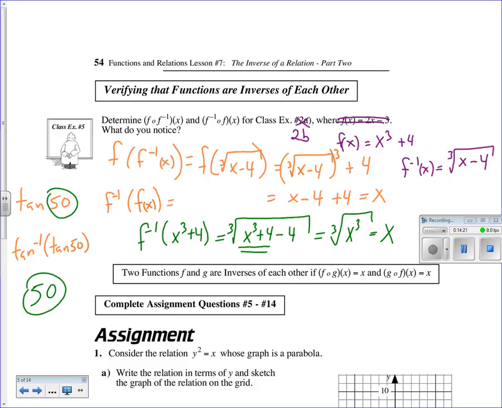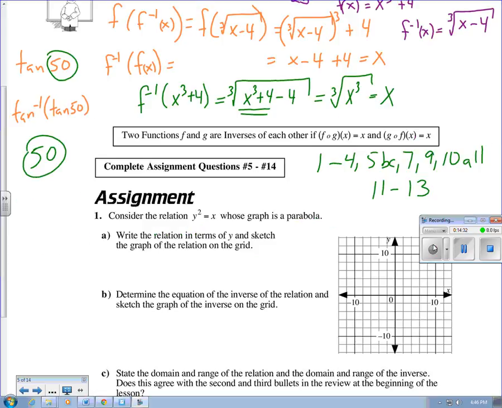So we're to the assignment. I think I made one error in the assignment, so please check that with me. The assignment actually should read 1 through 4, 5 BC, 7, 9, 10, do all the parts. There's some real mischief in there, and 11 through 13.